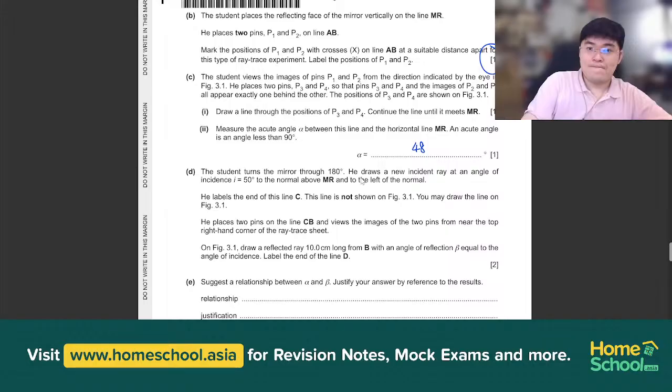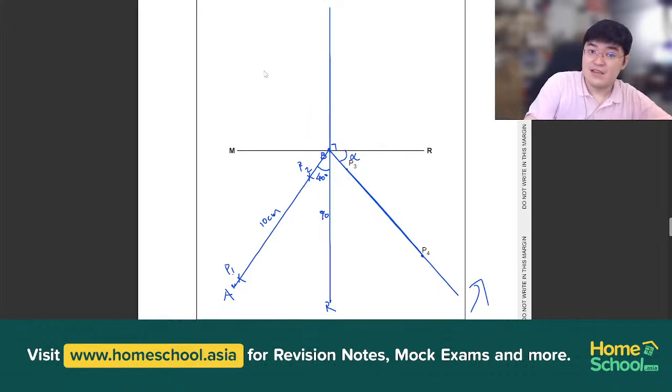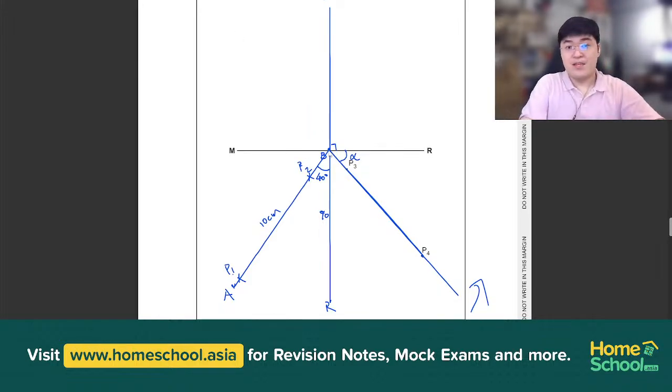He now draws a new incident ray at an angle of incidence I equals to 50 degrees to the normal above MR and to the left of the normal. So he draws a new incident ray at incidence I equals to 50 here, left side. So this should be about like this, okay?